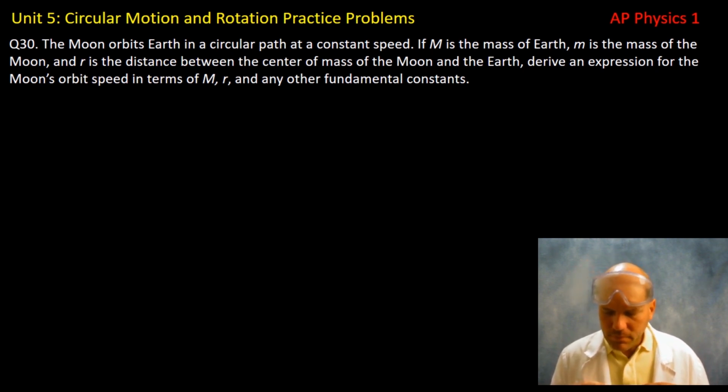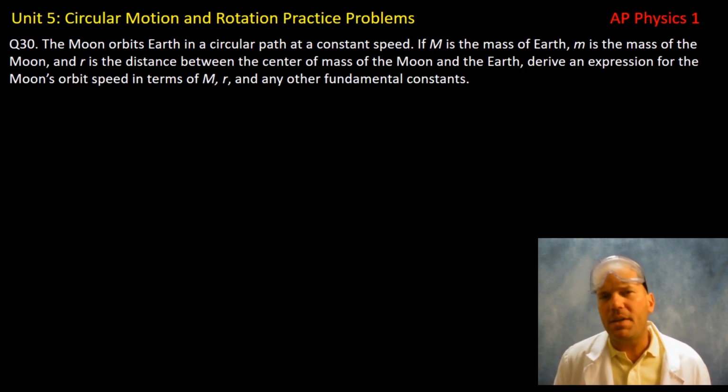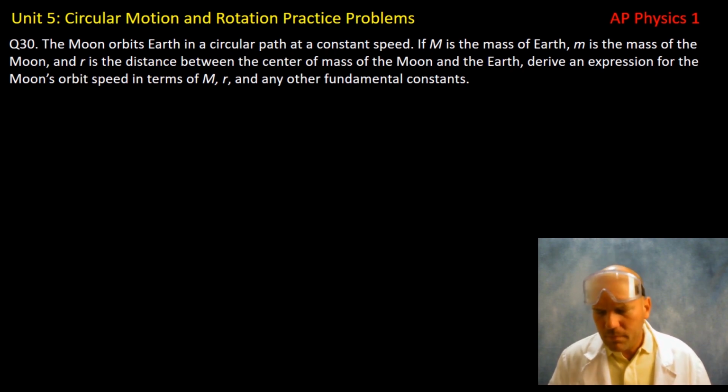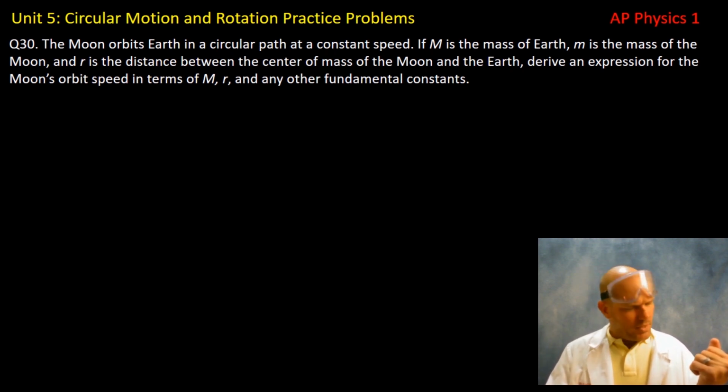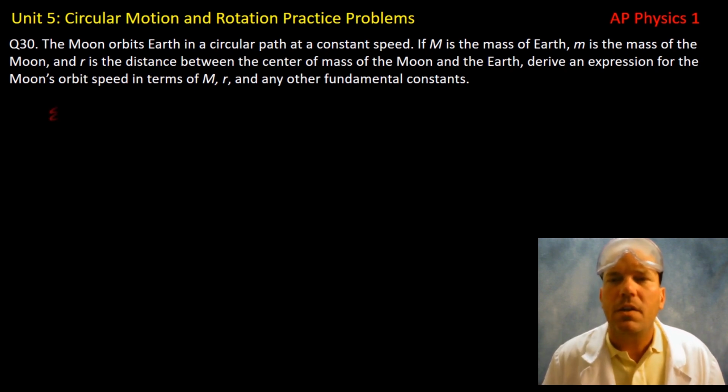Okay, let's think about what's happening here. We have an object, the moon, being made to follow a circular path by a center-seeking force, and that force must be the force of gravity between those objects.